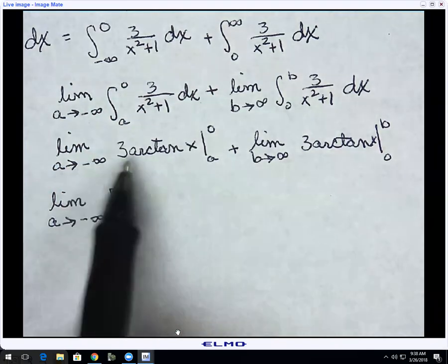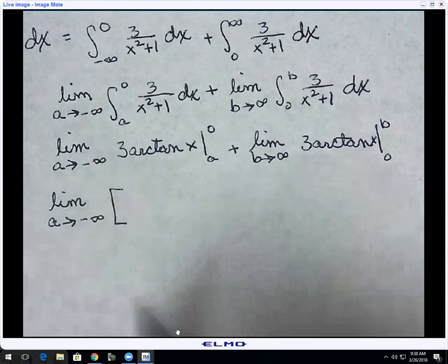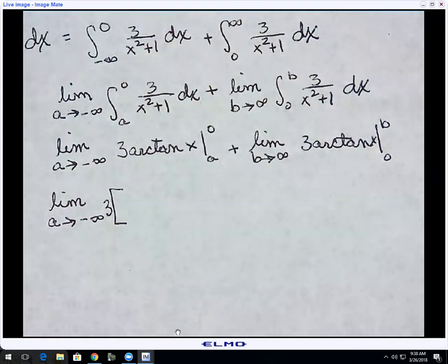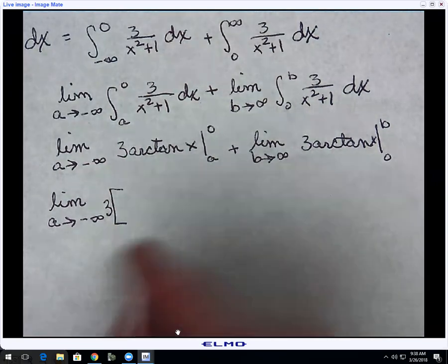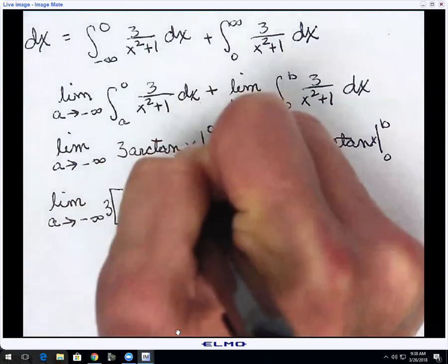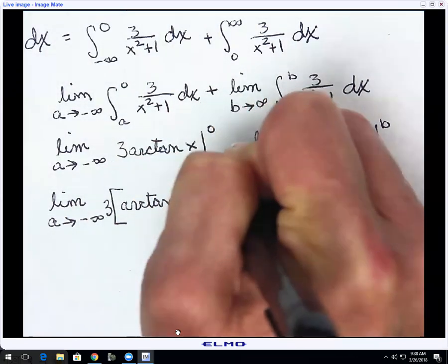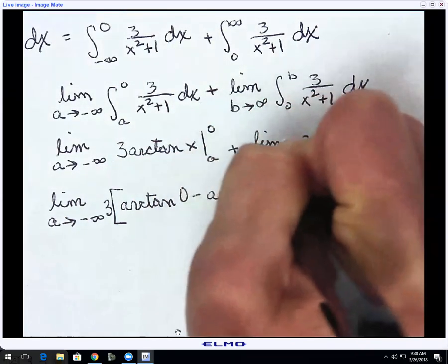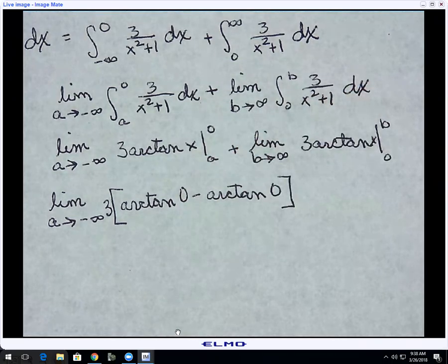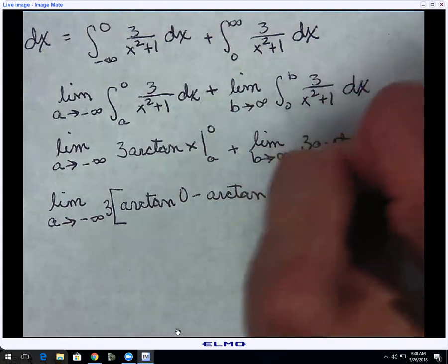Usually, if my indefinite integral had a constant, I just put that constant out front and said arctangent of the upper limit minus arctangent of the lower limit. Same thing with the second limit.